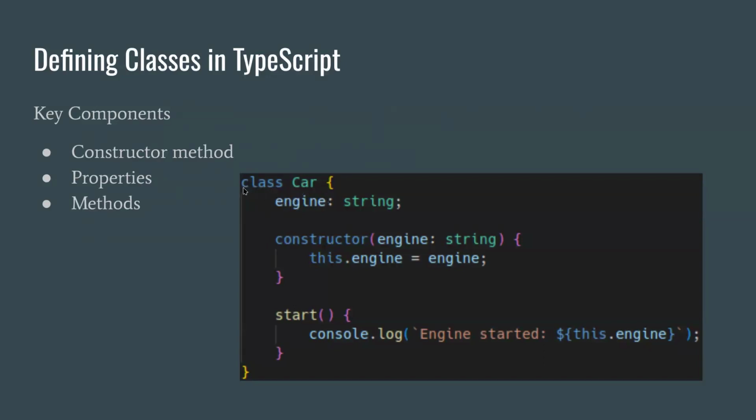We have a class named Car that represents a basic vehicle. And also notice how we define properties and methods inside our class, such as engine for storing engine details and start for starting the car.